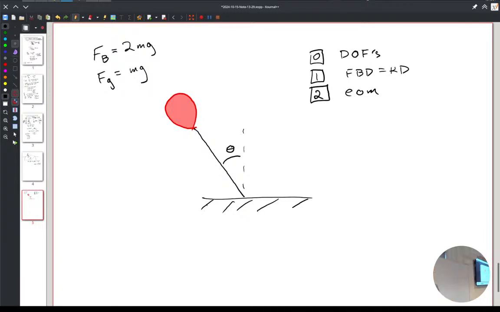In the last problem, you went through a great thought process as a group: let's start off with 2, and then what are the constraints on that? So we could start there. We could say there's 2 degrees of freedom because we need to know where the balloon is, so we need an X and a Y coordinate. Are there any constraints on X or Y or R or theta?